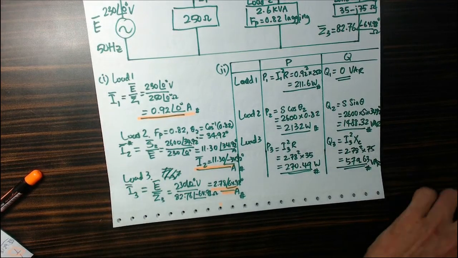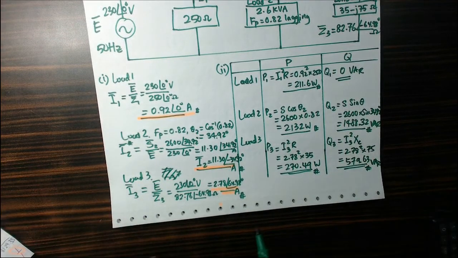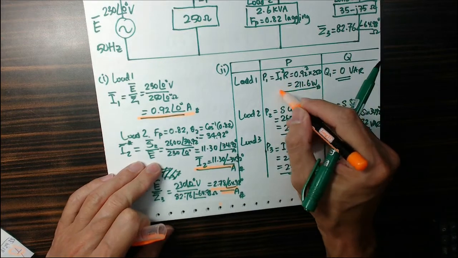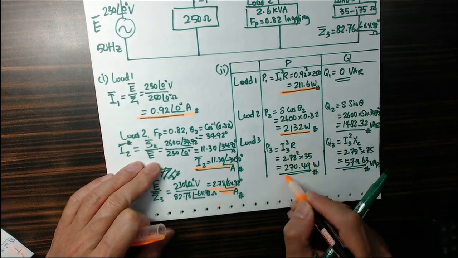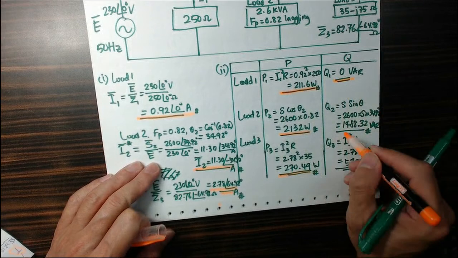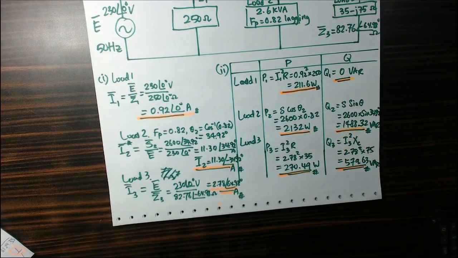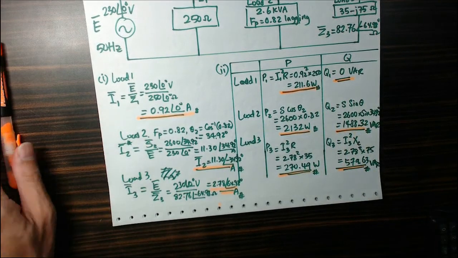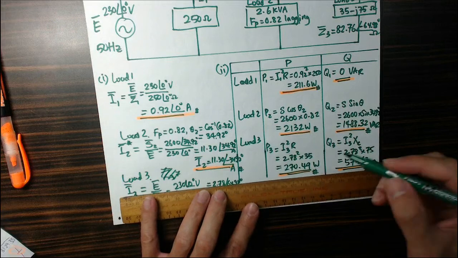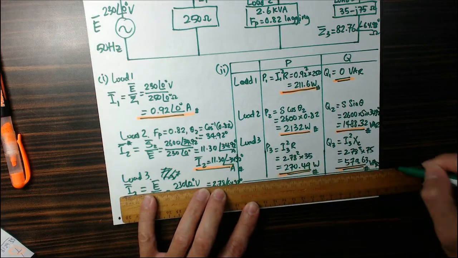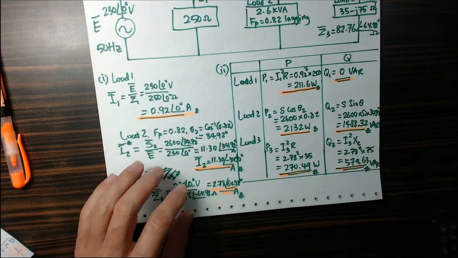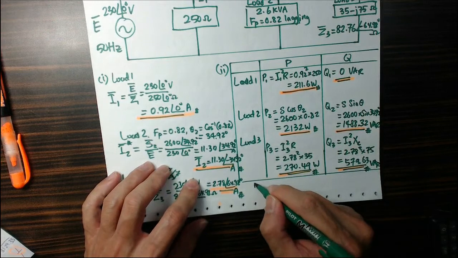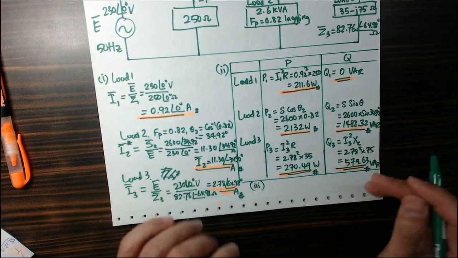Right, so this is what I have for all the individual true power and reactive power. Now what we can do is make use of all this information and proceed to the next part of this question, where I need to calculate the total apparent power.